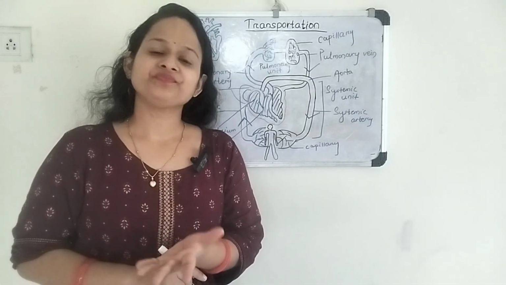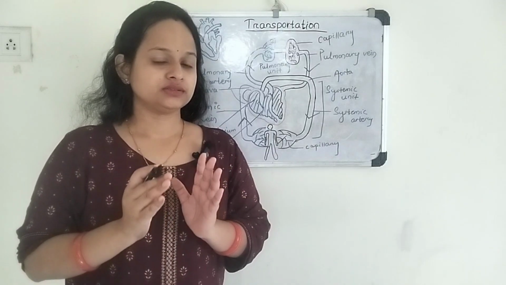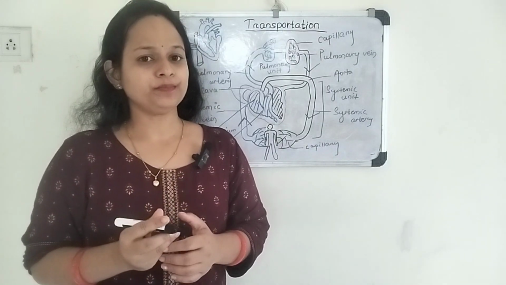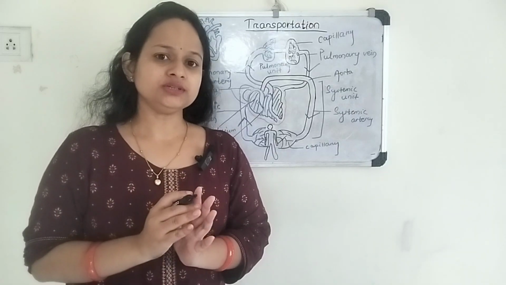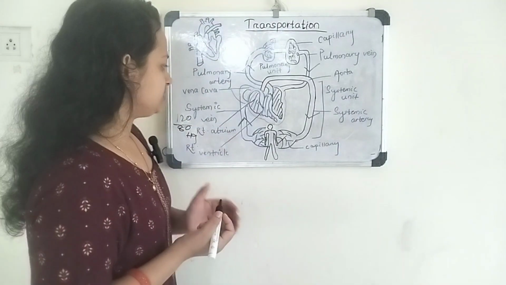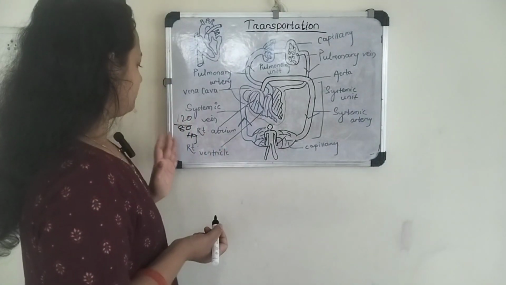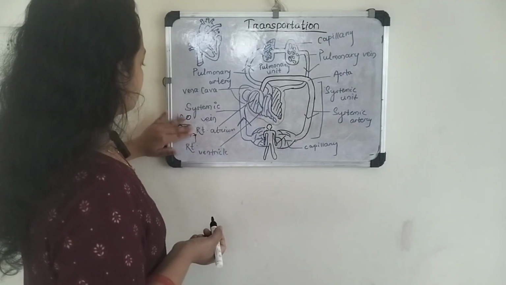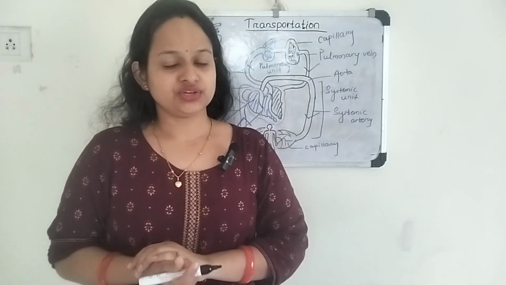Systolic pressure is the contraction of both the atria of the heart, and the diastolic pressure is the contraction of both the ventricles of the heart. So the blood pressure of a healthy human should be 120 by 80 mmHg. So then come to the circulation of blood.